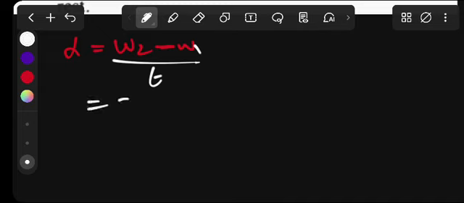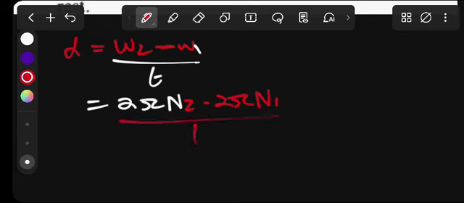This is the same as 2πn2 minus 2πn1 divided by time. Here we have 2π.